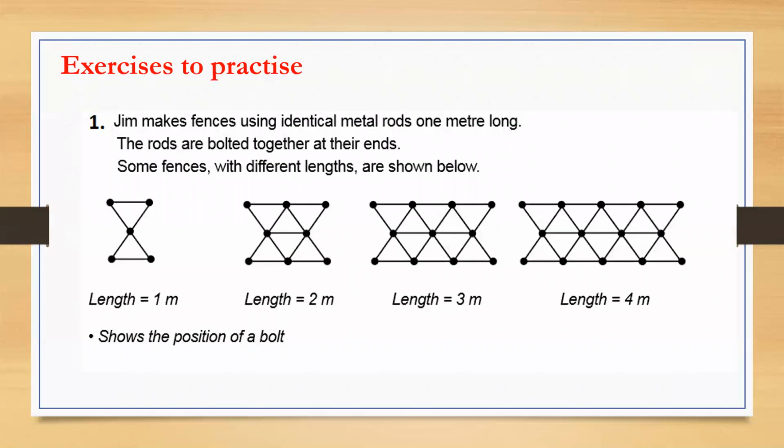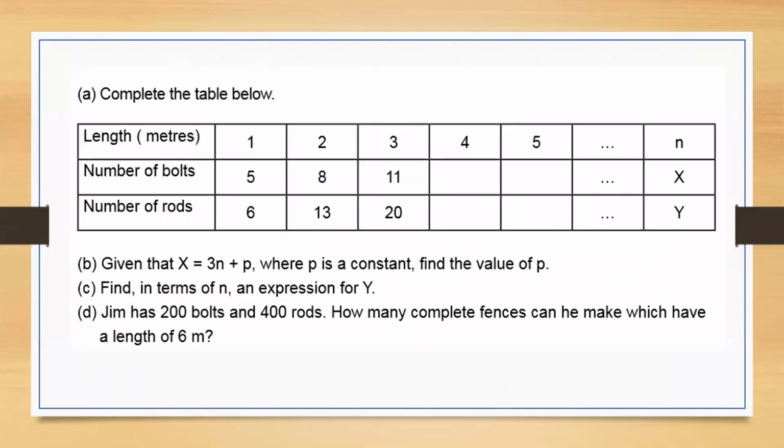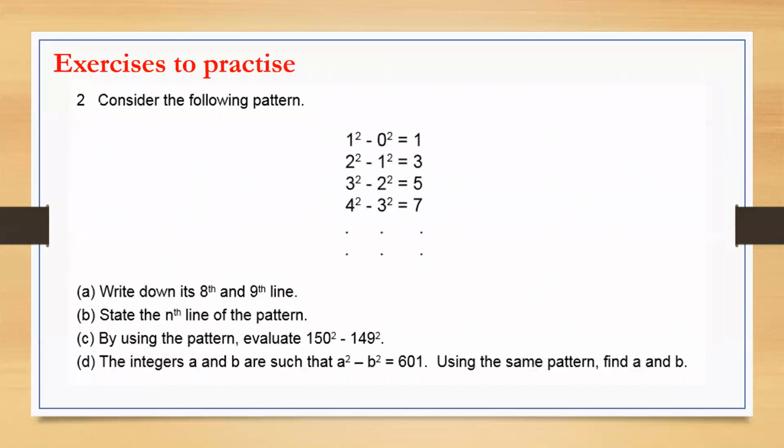Now you have a few questions to practice on number patterns as well as on Pascal's triangle. So for example, here we have the following pattern: 1 squared minus 0 squared equal to 1, 2 squared minus 1 squared equal to 3, and so on. And you have to write down the 8th and 9th line, and so on.